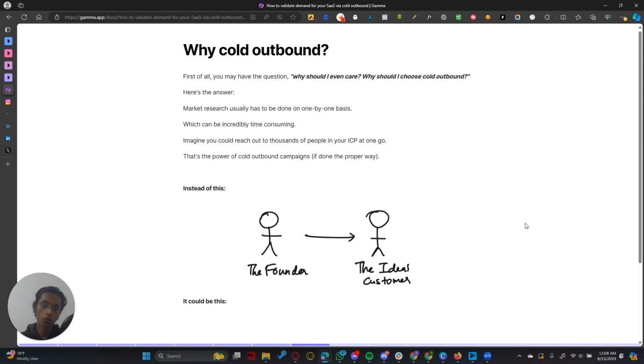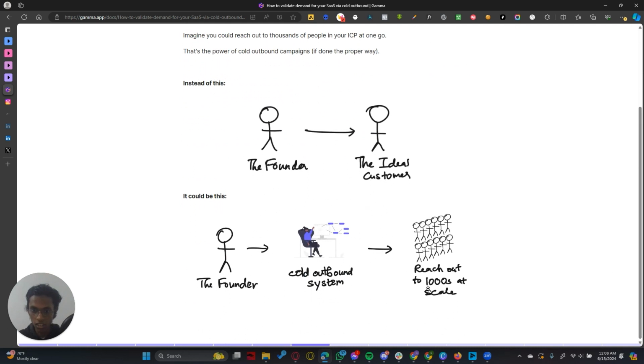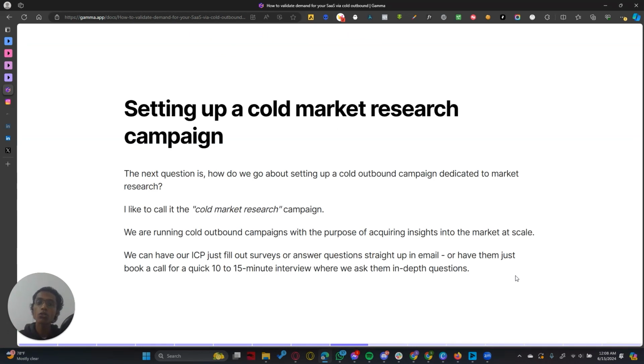That's the power of cold outbound campaigns if done the proper way. Instead of this, where you do a one-by-one basis slowly, it could be this, where you reach out to thousands at scale.